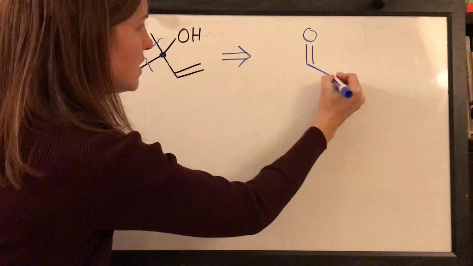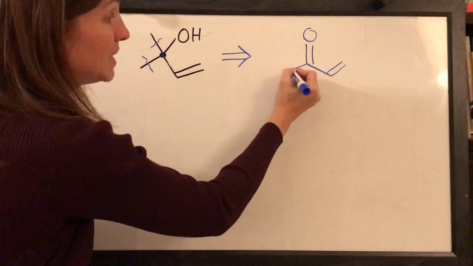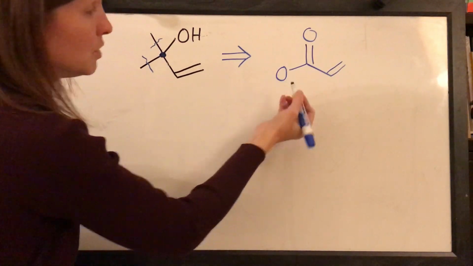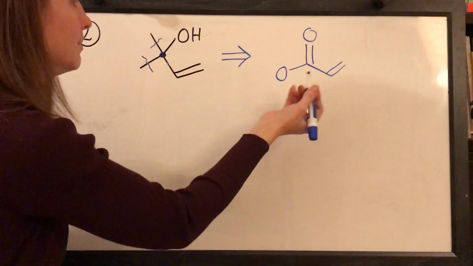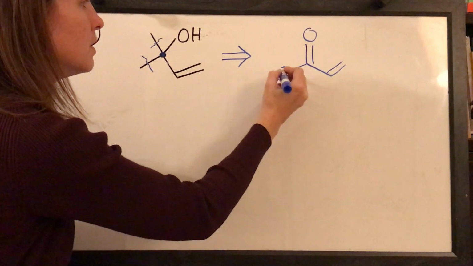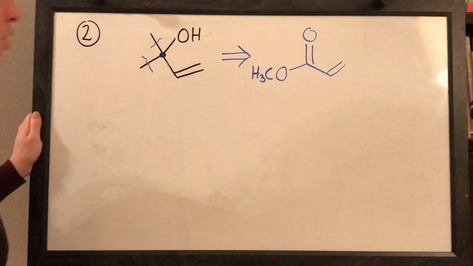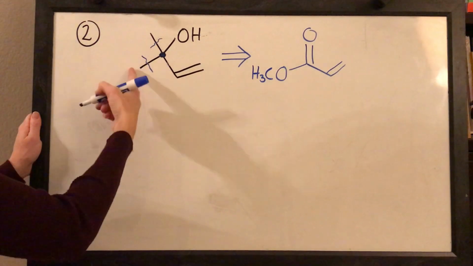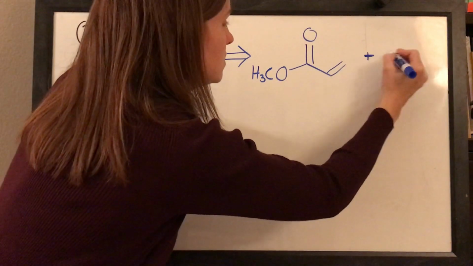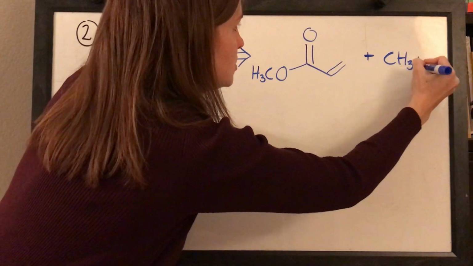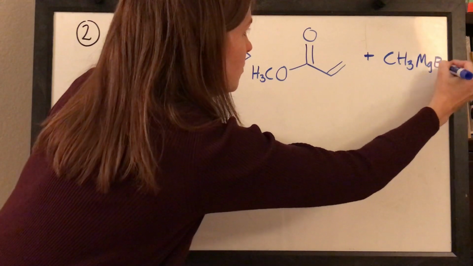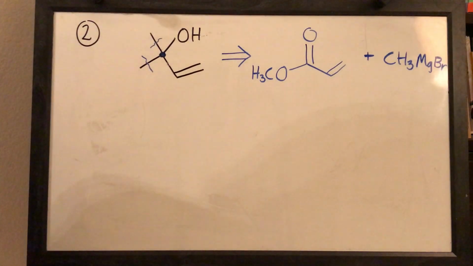It has to have this vinyl group attached to it. And then you can put any ester on here you want, or you could make it an acid chloride. An ester is probably safer to work with, so just a methyl ester would work there. And then my Grignard reagent would be CH3MgBr. I need a methyl Grignard because I'm adding a methyl group twice.